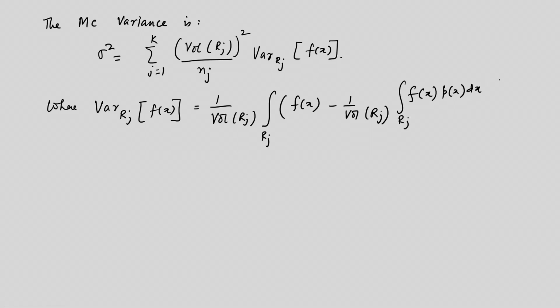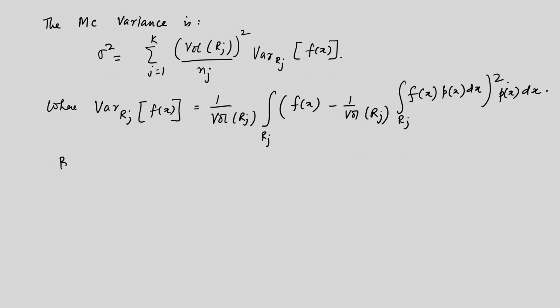Okay. Slightly longish expression, but it just says that this is how the MC variance is calculated in this stratified sampling technique. And so, if you select carefully the number of points, then this can lead to a lower variance than the simple minded MC that we have seen earlier.